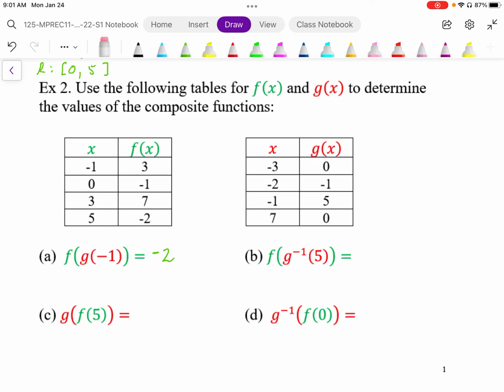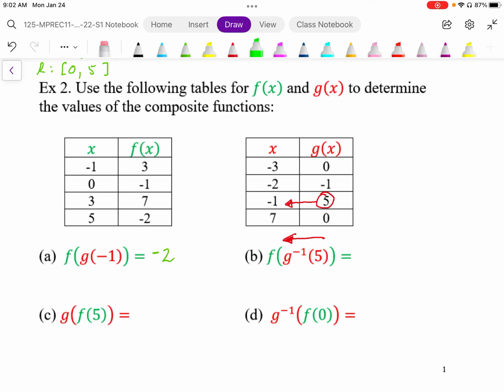When we look at B, we want the inverse. Inverse of g means that we're going in this direction. Inverse means instead of going from input to output, we're going from output to input. So we're starting with the output value of 5, and we do the inverse to find what the input value was. In this case, that's going to be -1.